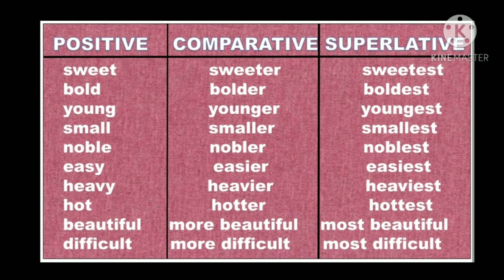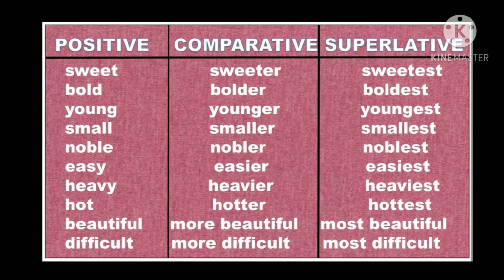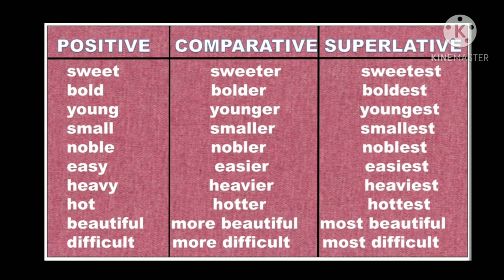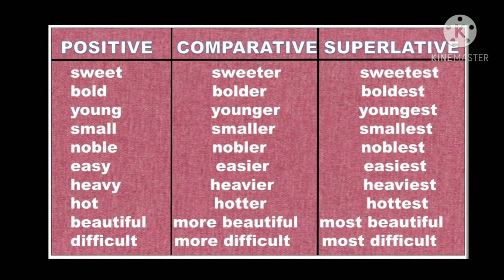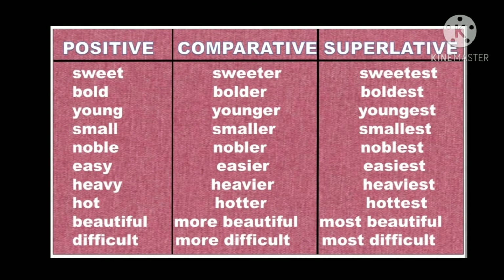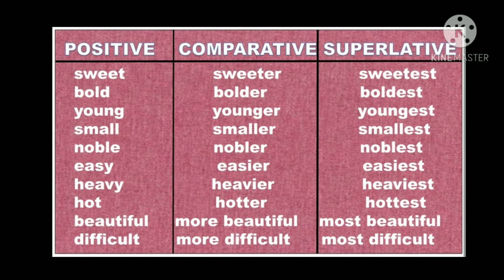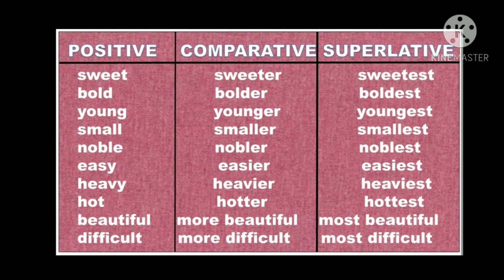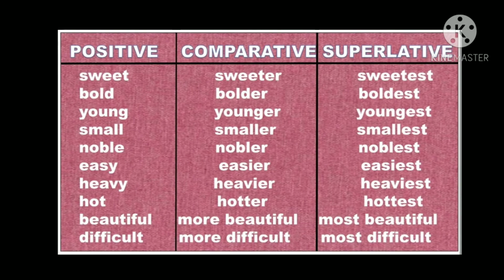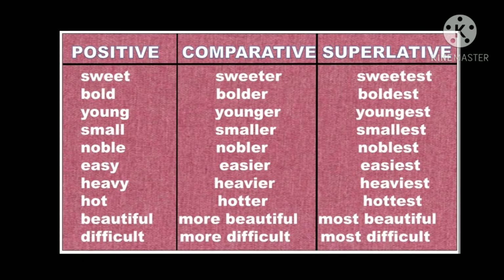Look at the next ones. Bold, bolder, boldest. Young, younger, youngest. Small, smaller, smallest. Noble, nobler, noblest. Easy, easier, easiest. Heavy, heavier, heaviest. Hot, hotter, hottest. Beautiful, more beautiful, most beautiful.